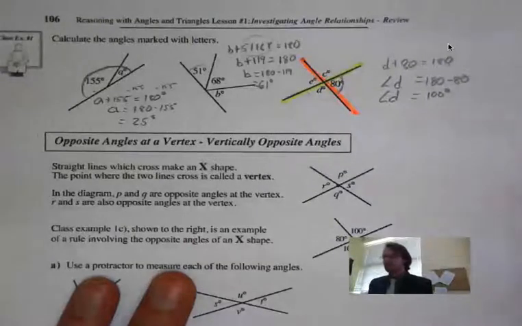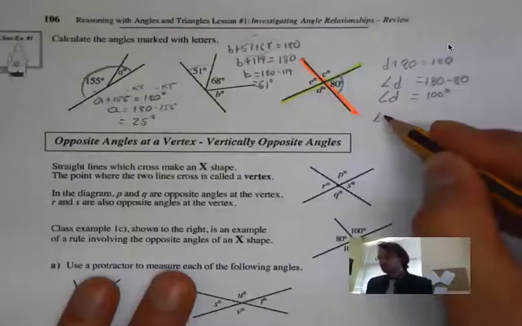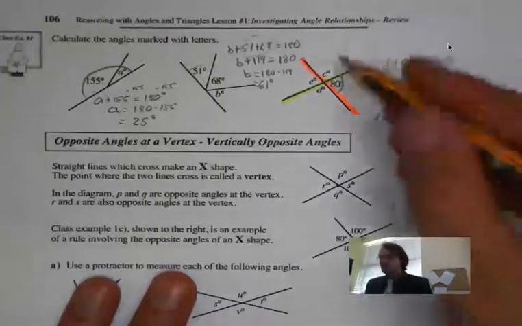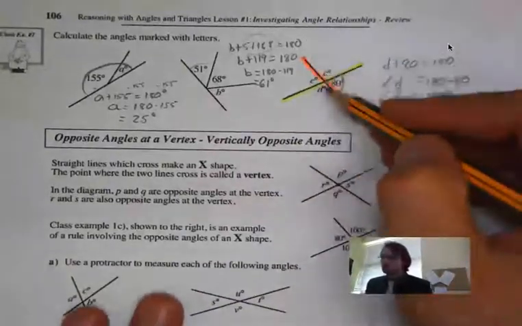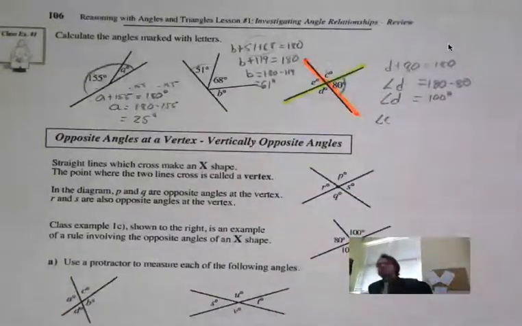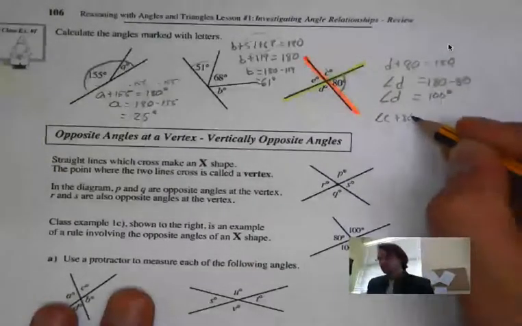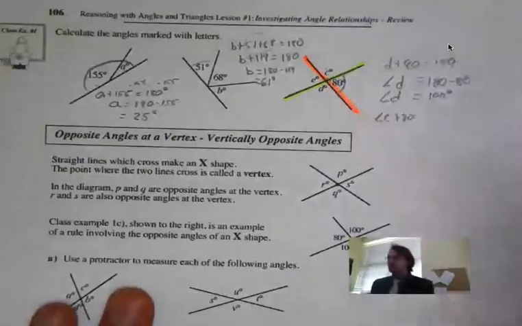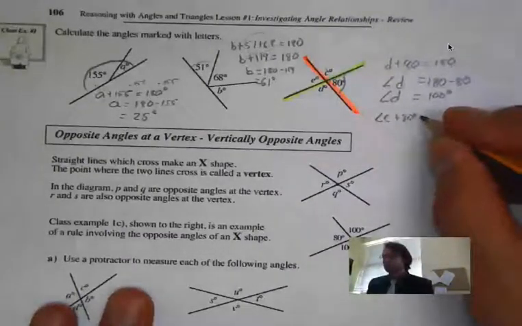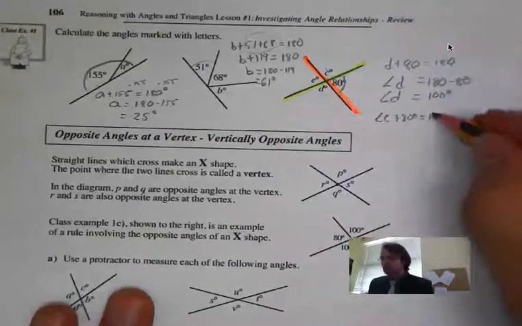Now let's take a look at angle C. Because now we're looking at the orange line, angle C plus 80 is equal to 180 degrees.